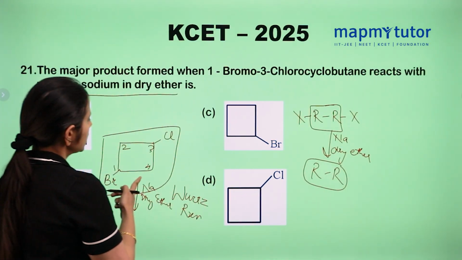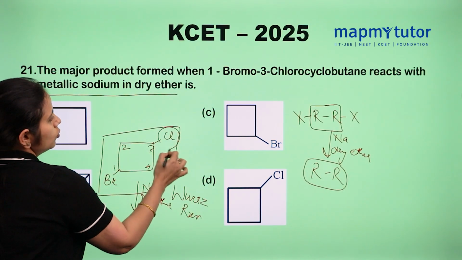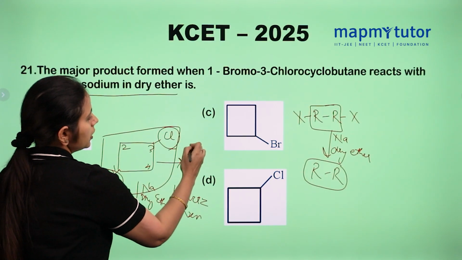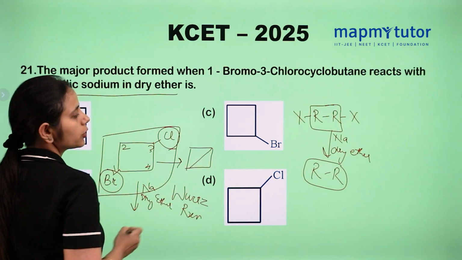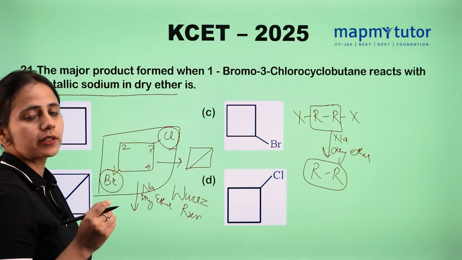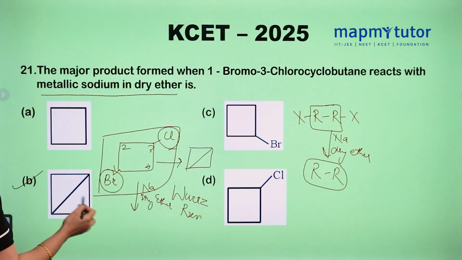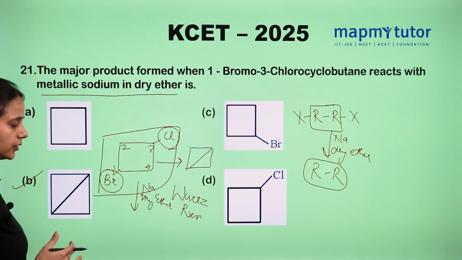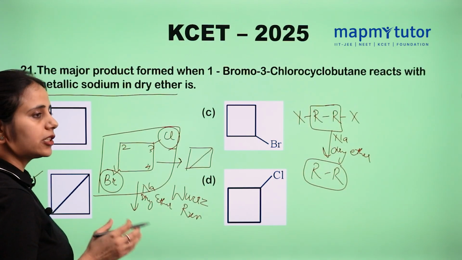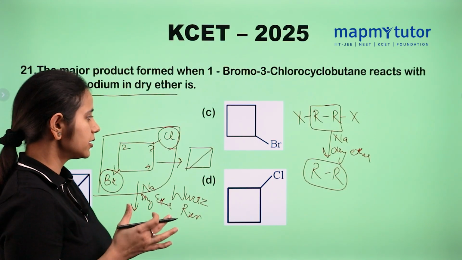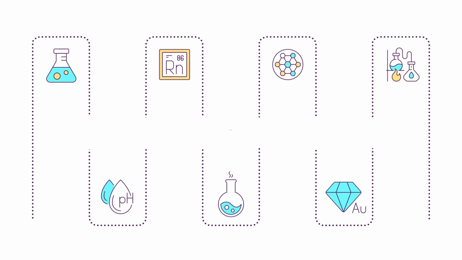So similar will happen in this reaction. These two, chlorine and bromine, will be removed and the product comes out to be this. This is known as intramolecular Wurtz reaction. So this option B is similar to this, right? This is the right answer. So this reaction is known as intramolecular Wurtz reaction. These reactions are very important.